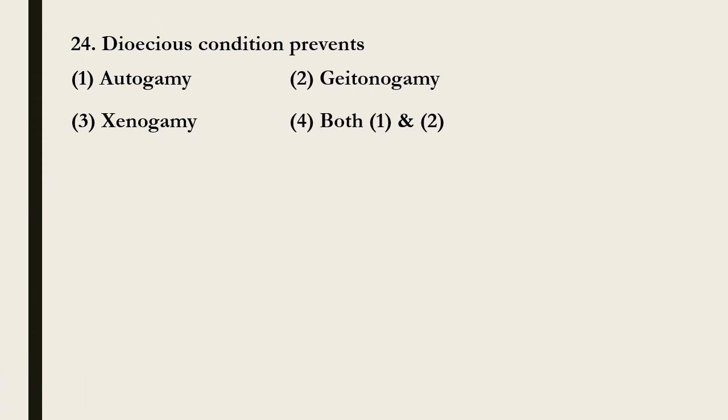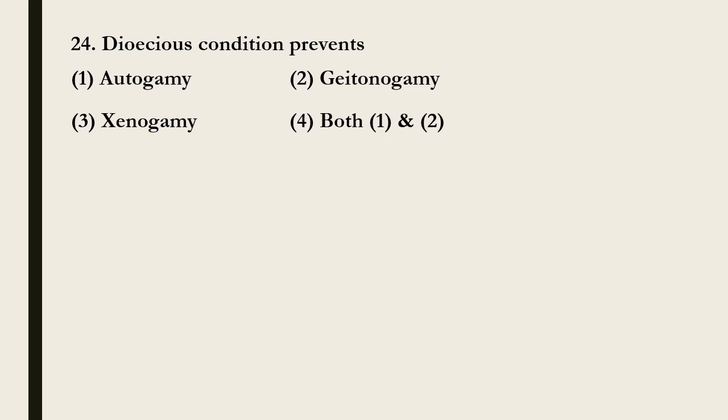Question number 24. Dioecious condition prevents: 1, autogamy; 2, geitonogamy; 3, xenogamy; 4, both option 1 and option 2.